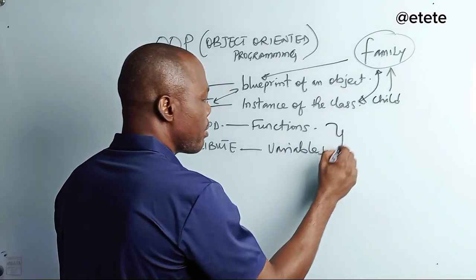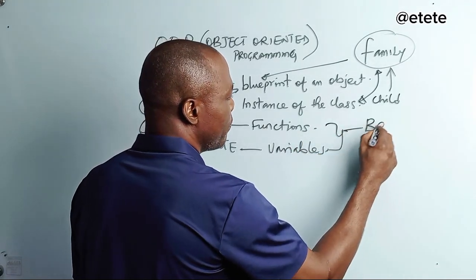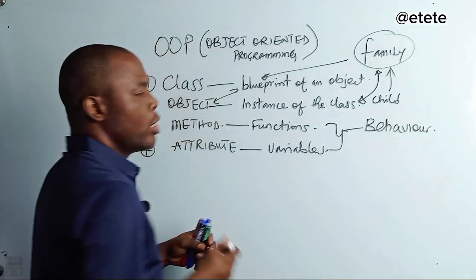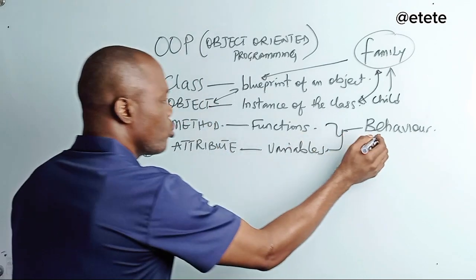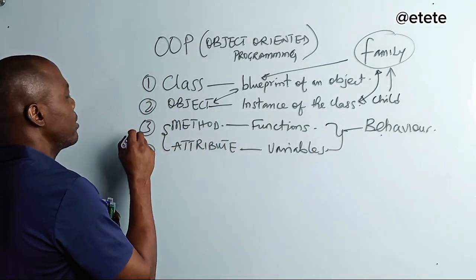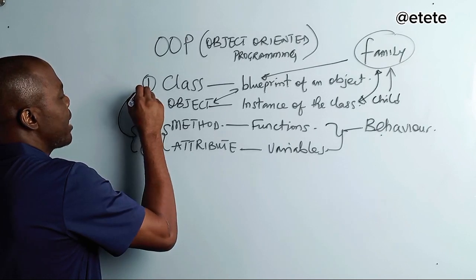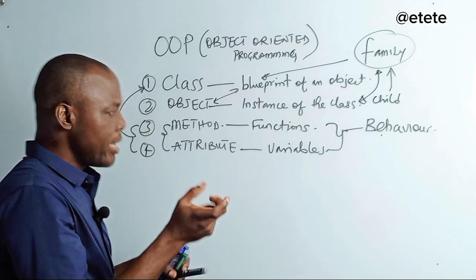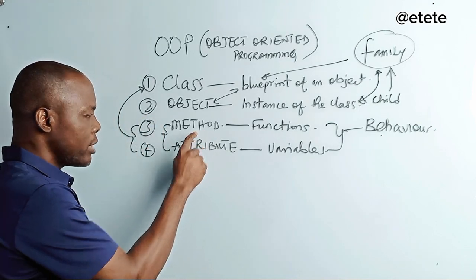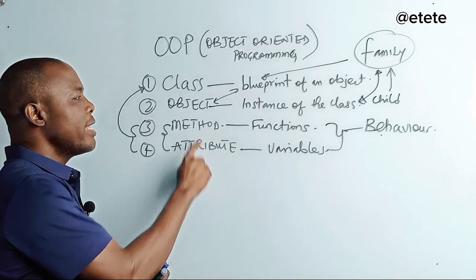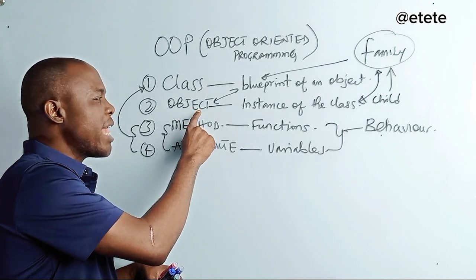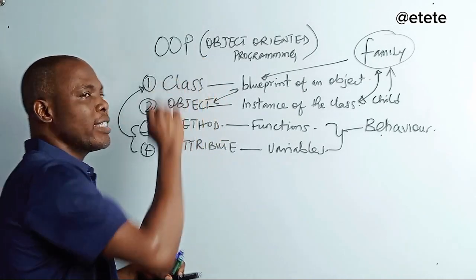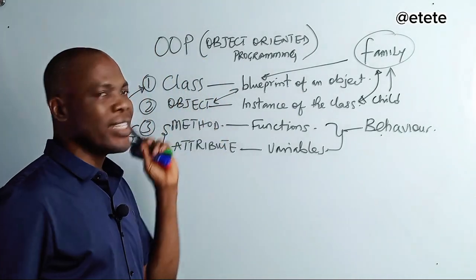So this one and this will give you behavior. It therefore means that these two are inside this class. So this class is a container housing this method and this attribute. Then the object that will be created from this class is simply going to implement these two that are inside here. That is why it is an instance.